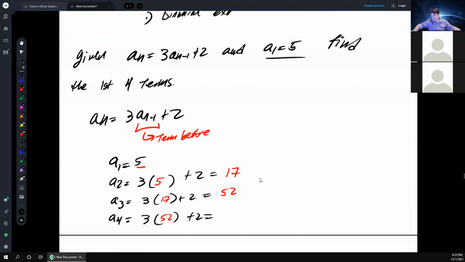That's what? 156. Oops, pardon me. This should have been 53. I said 52 plus 2, and I said 53, and then I wrote down 52 for some reason.